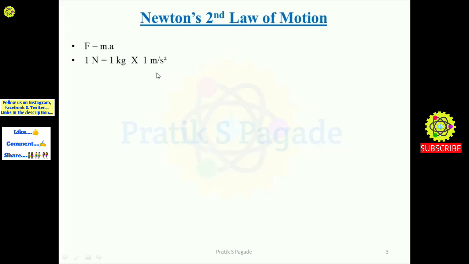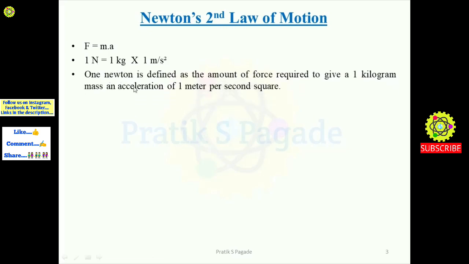So 1 newton is equal to 1 kg into 1 meter per second square, that is, newton is equal to kg meter per second square. This is the unit. We can define 1 newton as the amount of force required to give a 1 kilogram mass an acceleration of 1 meter per second square.